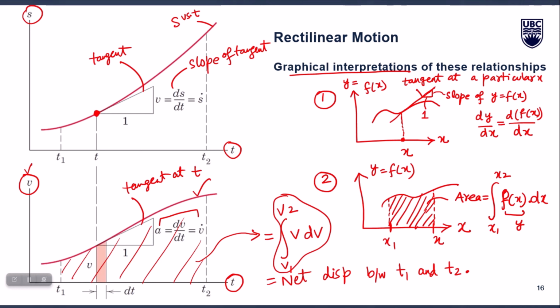But what if I give you a line made of straight segments, like a line which is like this, and you can easily determine the area enclosed by that line by dividing it into triangles and rectangles, and then that area graphically should be equal to the net displacement which that particle covered between T1 and T2, right? So this is exactly the same relationship which you studied in the last slide, but now represented graphically.